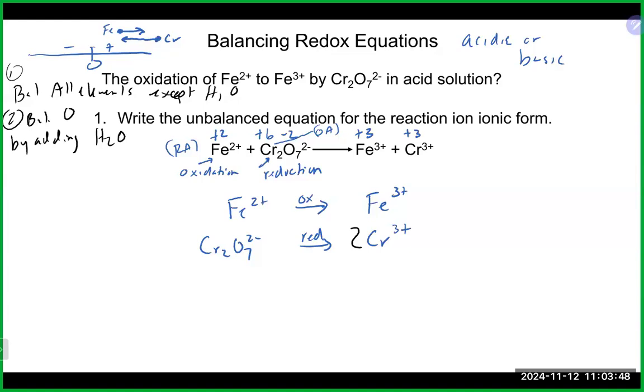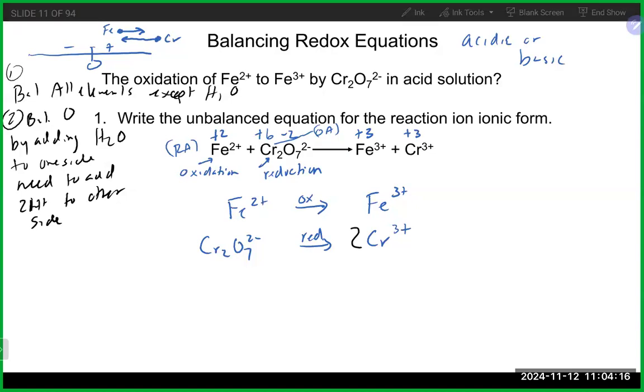So every water that you add to one side, you need to add 2 H pluses to the other side. So one side gets the water to balance out the oxygen, the other side gets 2 H pluses to balance out the hydrogens that you added.